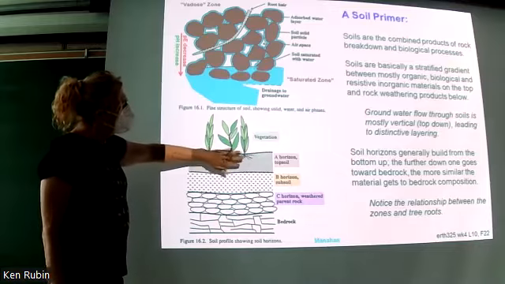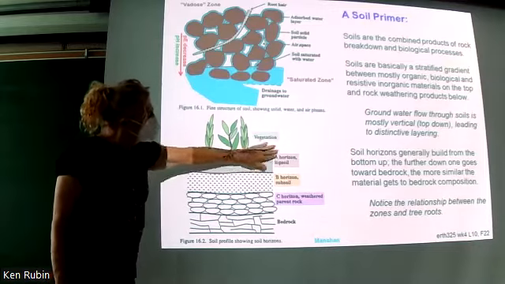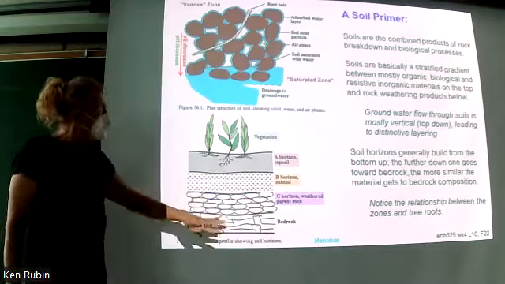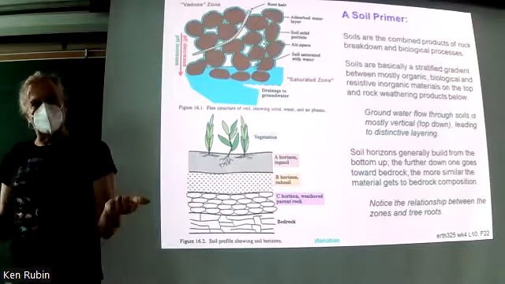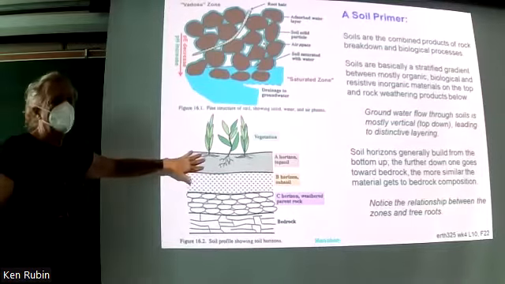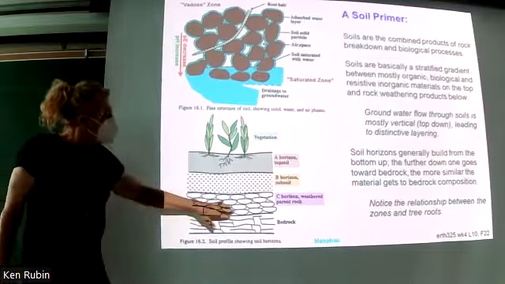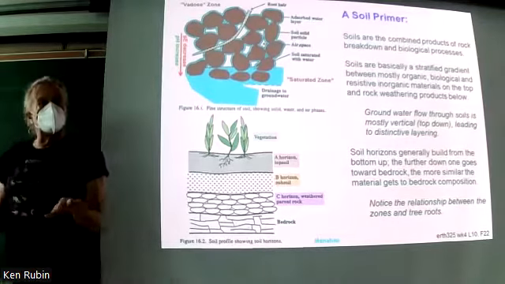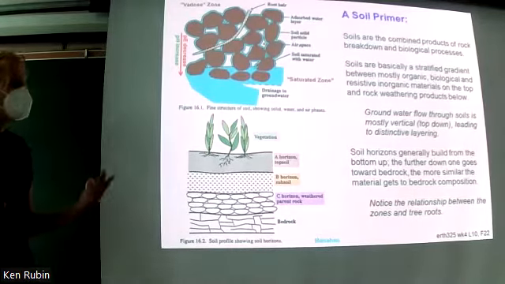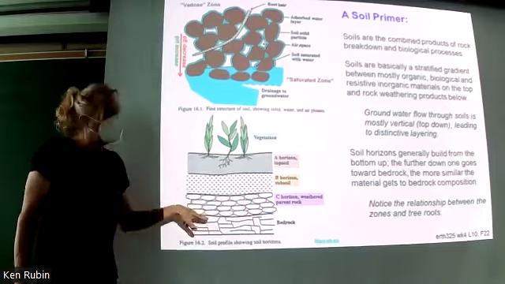But soils in general can be divided into an A, a B, and a C horizon. The A horizon, sometimes called the topsoil, is the most organic rich and the least like the rock that it came from. The C horizon, which I mentioned before is called saprolite, is the most like the rock.